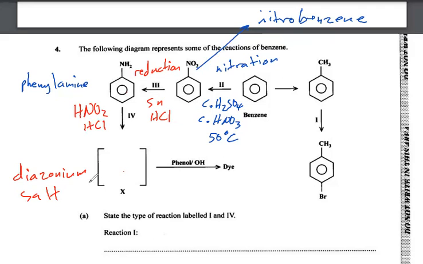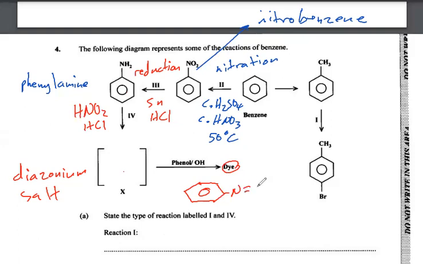Now if you have the diazonium salt, when you react it with phenol, we would get the dye here. So the dye should look like this. As I said, these are not changing.